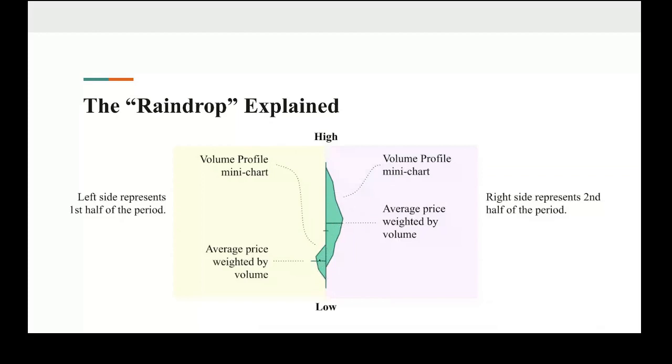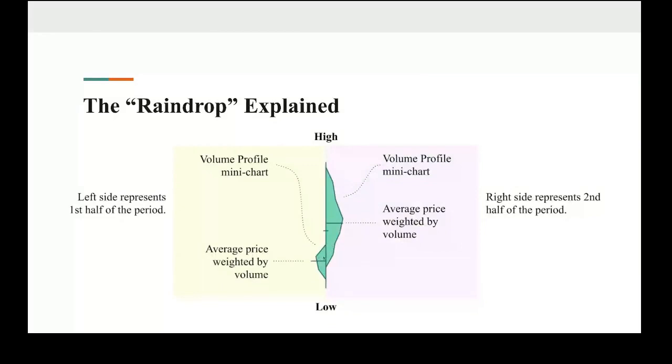So you can see here, you've got the VWAP here, the VWAP here, and this represents the volume for this particular period. So during the first half of, let's call this a daily candle, during the first half of the day, most of the volume was focused near the low of the day. However, as we went into the second half of the day, you can see this crossing over.